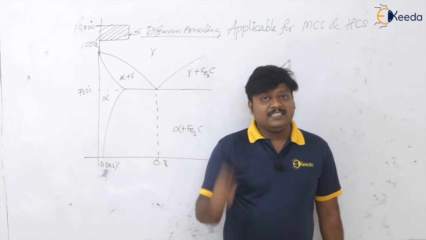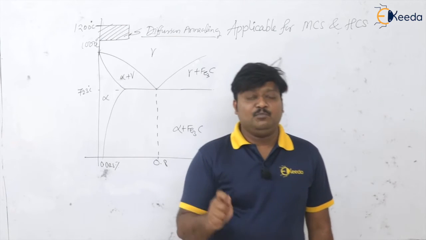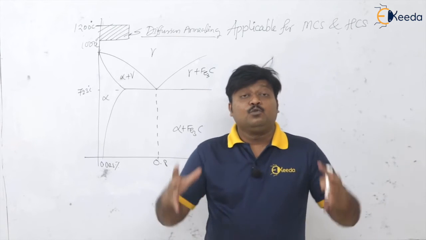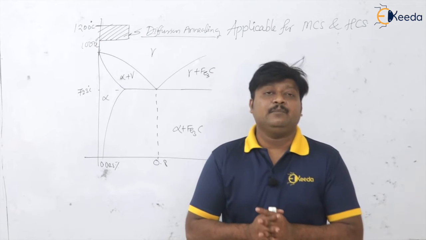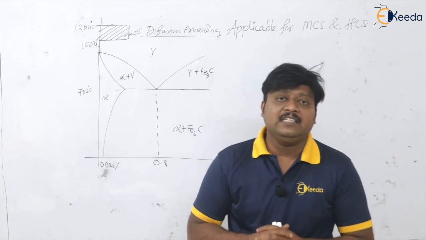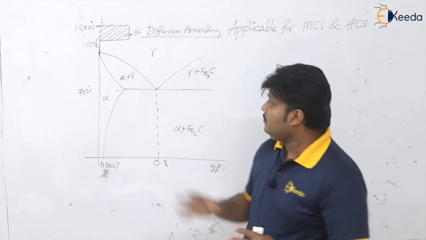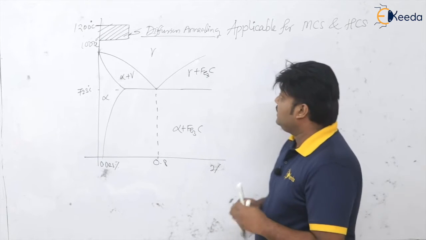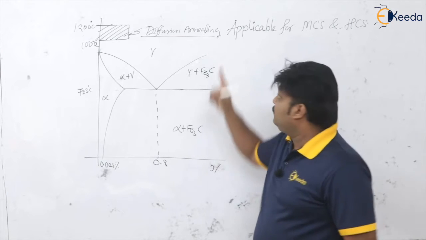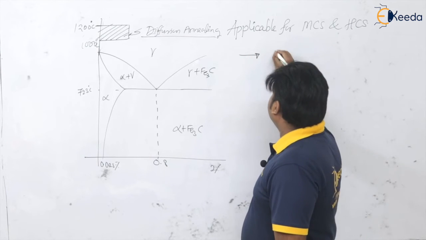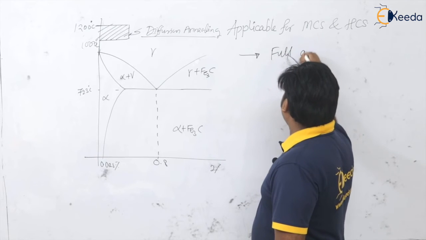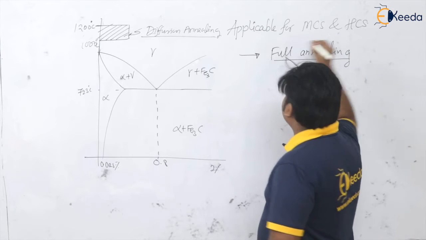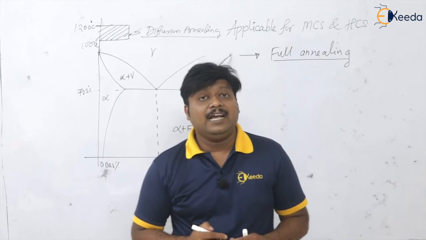For heavy castings and welded components, to have uniformity in their chemical compositions, we apply this annealing process. And please remember one thing: this diffusion annealing is always followed by full annealing. So after diffusion annealing we are going to have the full annealing process.